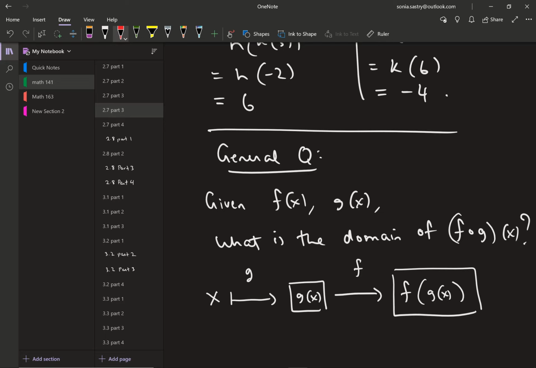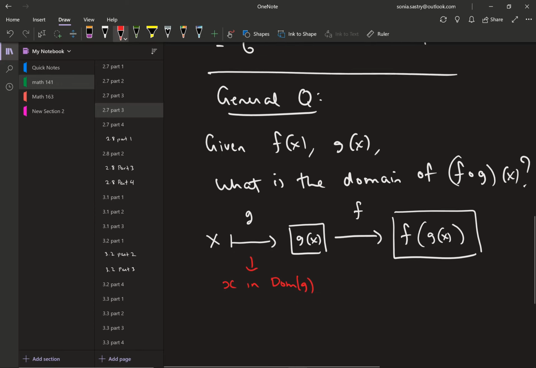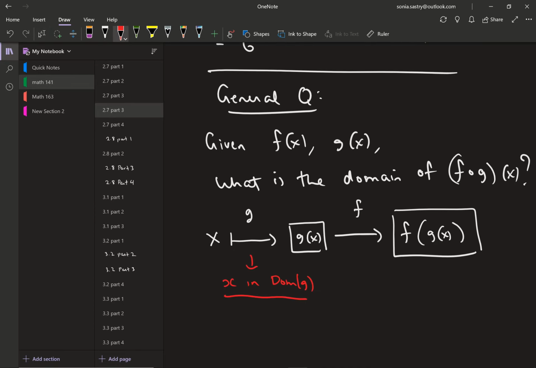So we know for sure right here, if this is going to work out, x must be in the domain of g to start with. So no matter what we have, we're definitely going to need x to be in the domain of g, because that's the first stage of doing the composition.